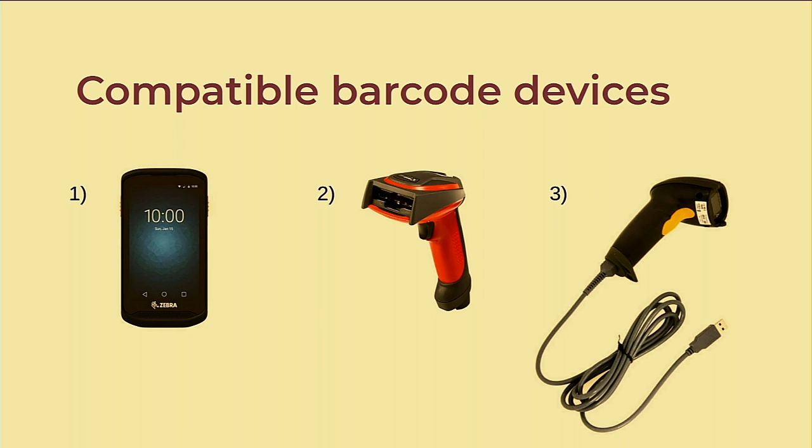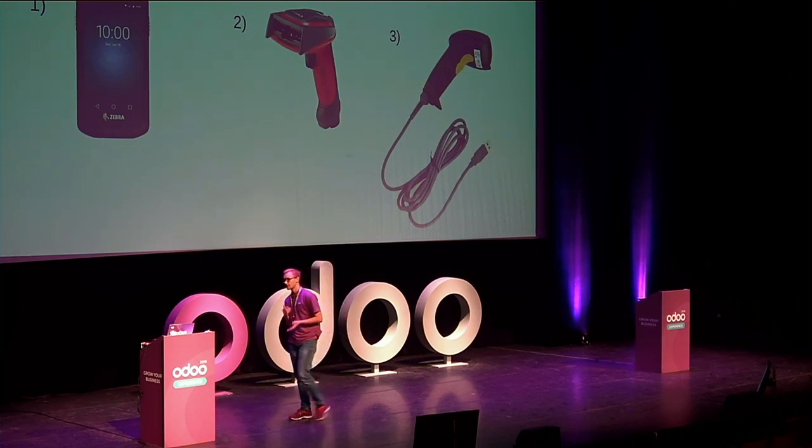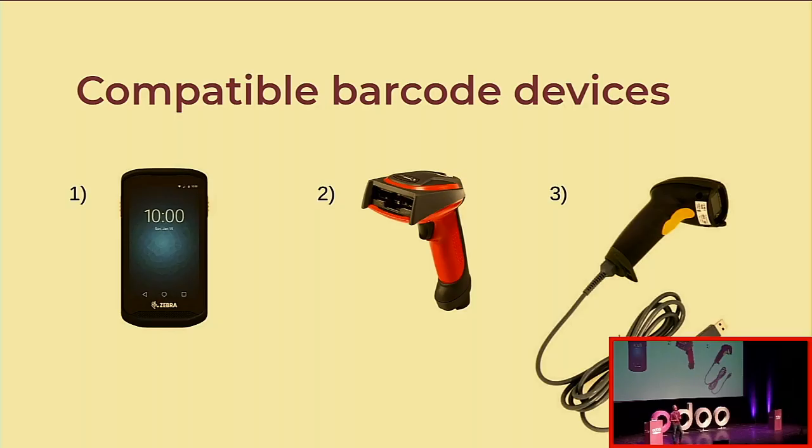Let's talk about the hardware that you need to put in place when you want to use the barcode application. For that, you have three main choices. The first one is a mobile computer scanner. It's the more expensive option, but it's also the most flexible.